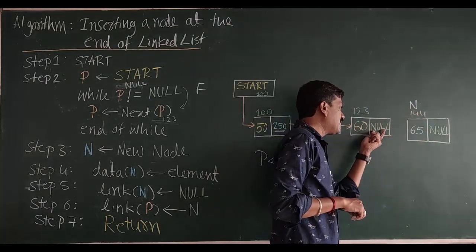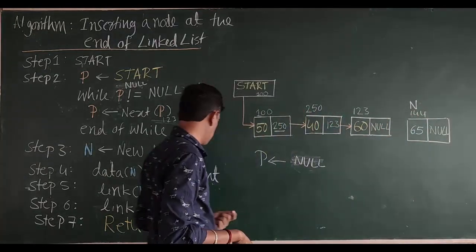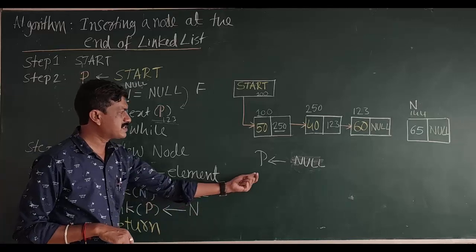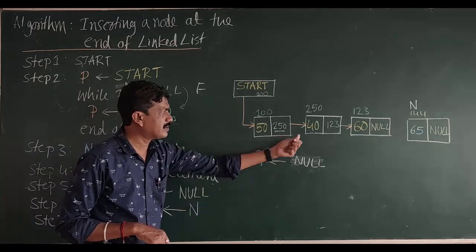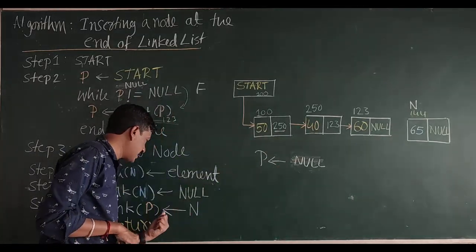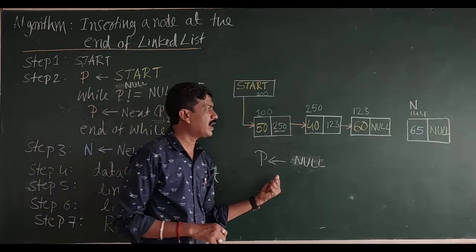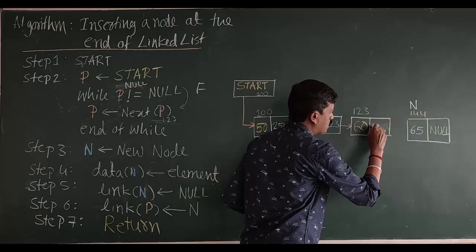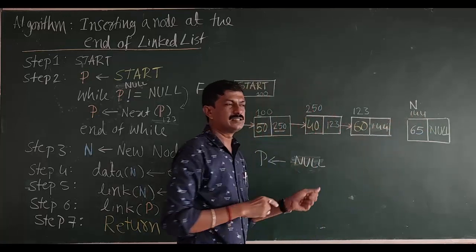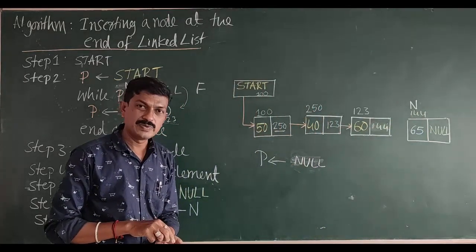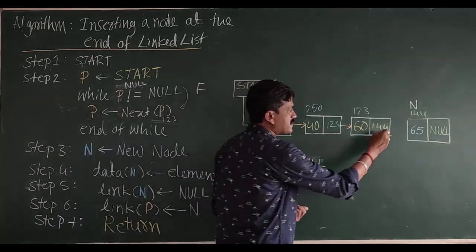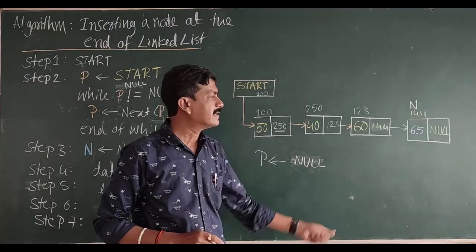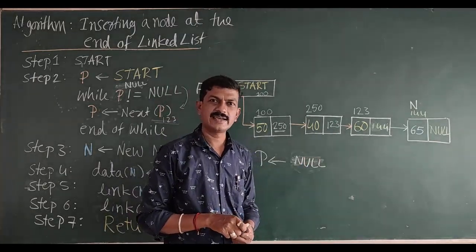This address should be assigned to its previous node, that is nothing but link of p. Link of p means I recently visited node 123. For that, I need to assign 144 to the lastly or previously visited node. It is how we are inserting a node at the end of the linked list.